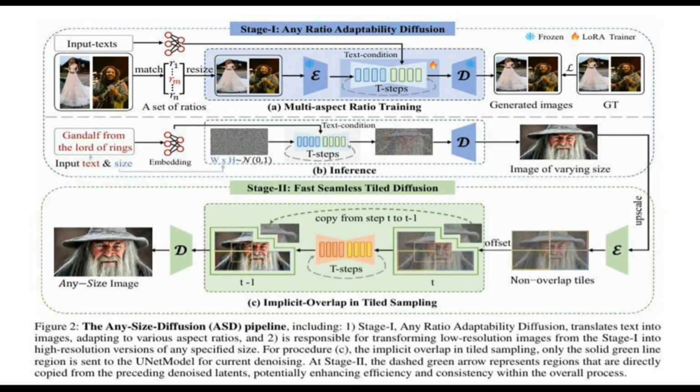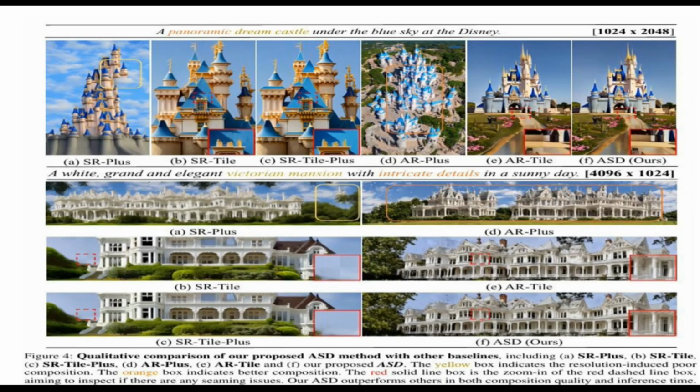To solve this, researchers developed Any-Size-Diffusion, that is ASD, a two-stage pipeline designed to create high-quality, well-composed images at any resolution. And how does it work? First, Any Ratio Adaptability Diffusion, that is ARAD. So instead of training on a single scale of images, the model learned to adapt to different aspect ratios, improving composition.